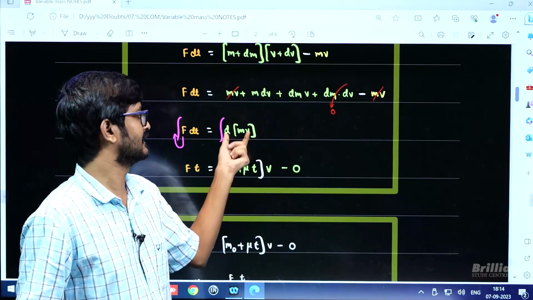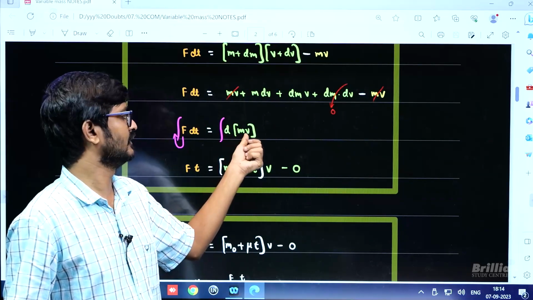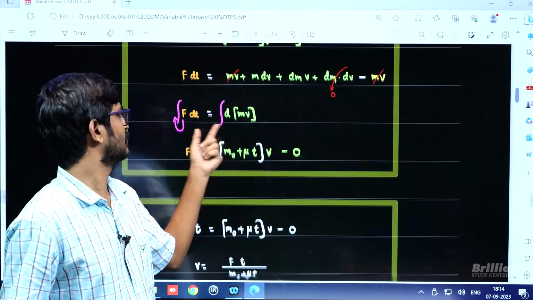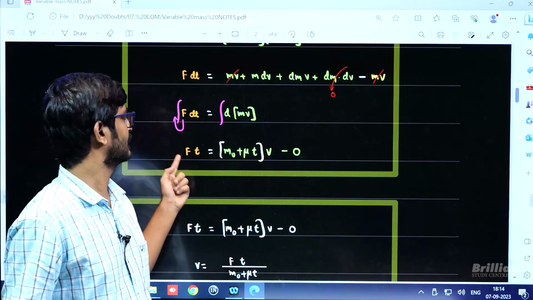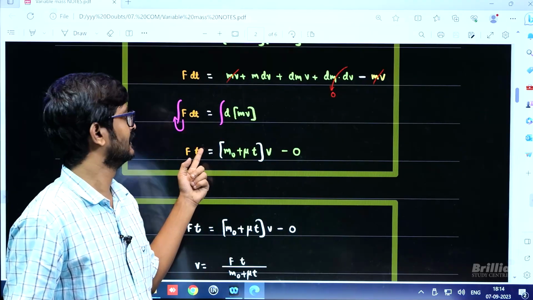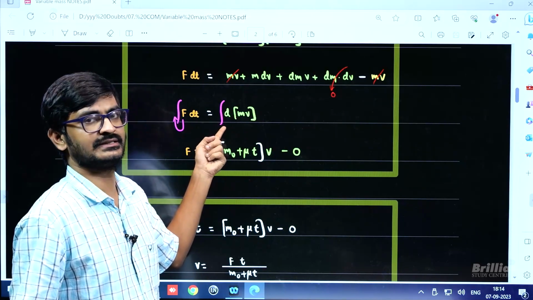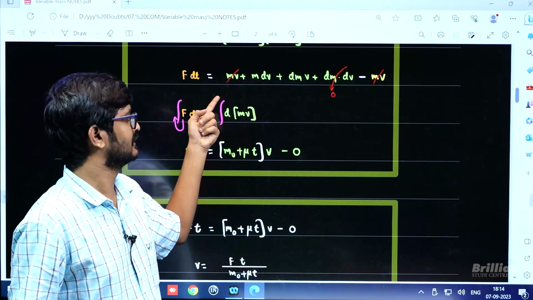I can write this like the UV rule: d of uv will be u dv plus v du. So I can integrate on both sides. F is a constant, so I can take it out of the integral. Integration of dt will be t. While integrating, initial mass is m0 and initial velocity is 0. Final mass is m and final velocity is some v.